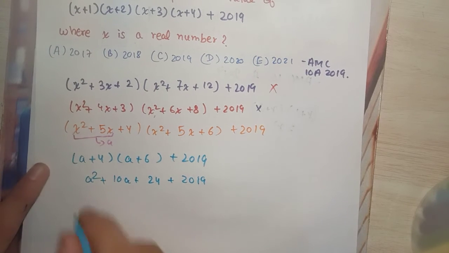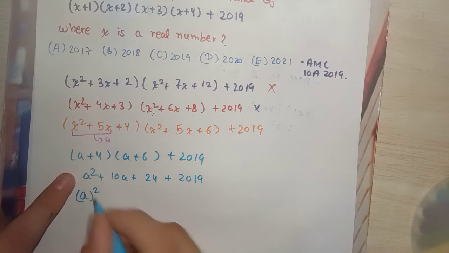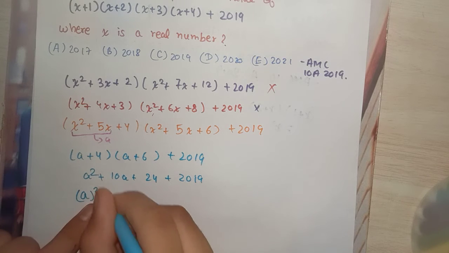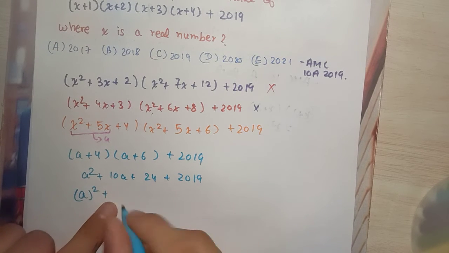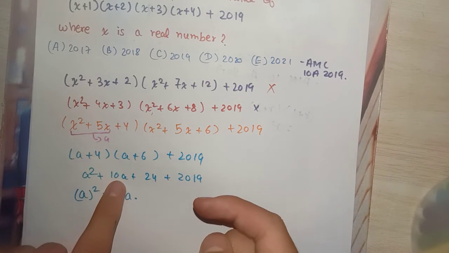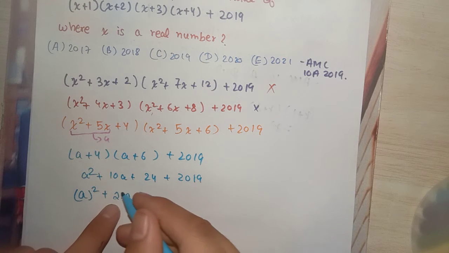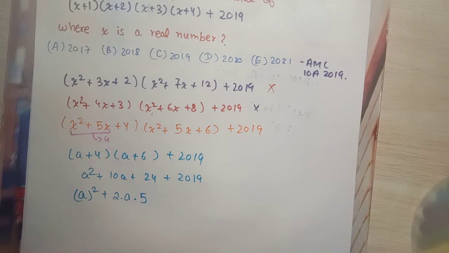Look at this. This is the first term squared. The next term should be 2 times the first term times the second term. What's the second term here? Well, we can divide this by 2a and we find that the second term is 5.